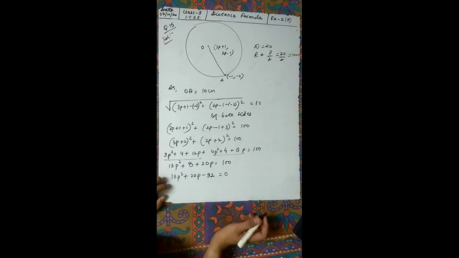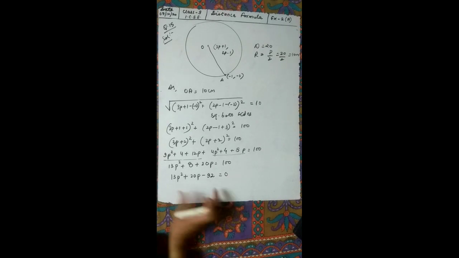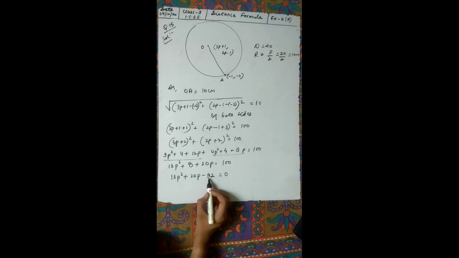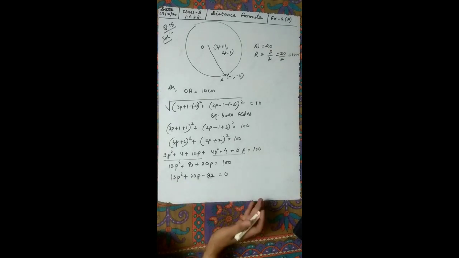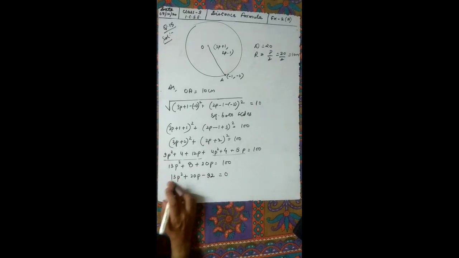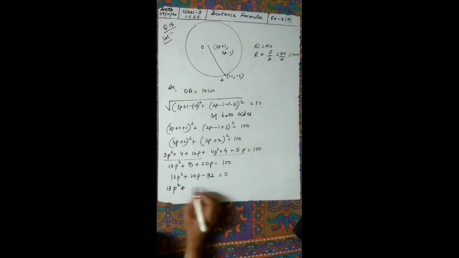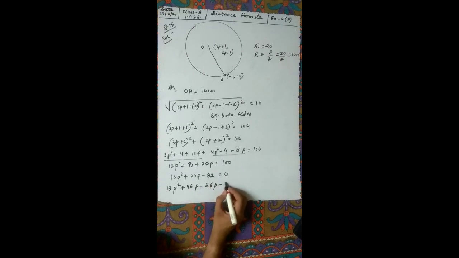Now this is a quadratic equation. We need to factorize this equation, and we know how to factorize it. We multiply 92 and 13 first, then find the factors of that number and split the 20. So I'm directly writing the factors here. Please try to understand. 20p can be split as 46p minus 26p.